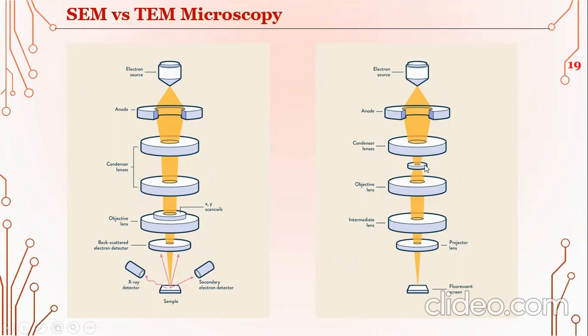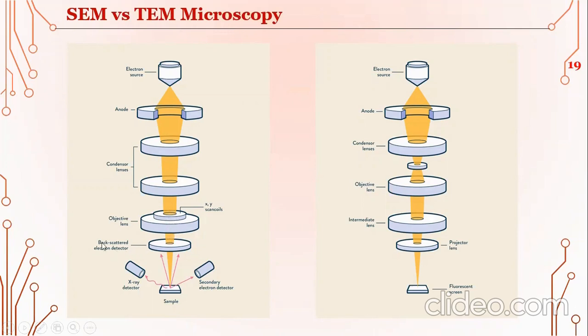Here is the objective lens, because there is the object. This is the condenser lens, this will be the objective lens. But in the case of SEM, both will be condenser lenses. After that, this is the intermediate lens, and here the objective lens, because the specimen is here.